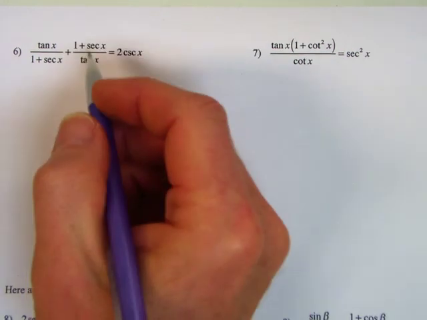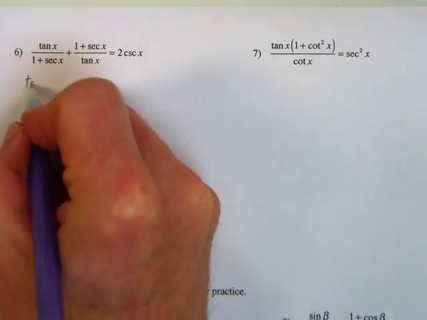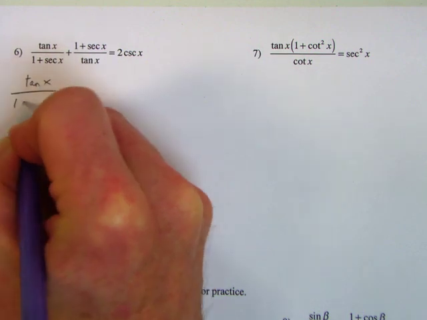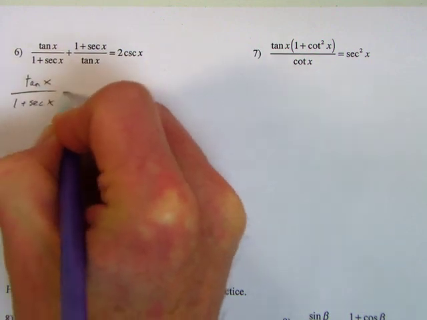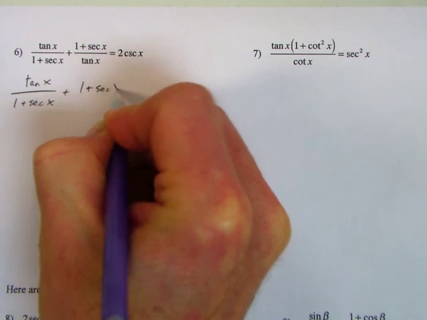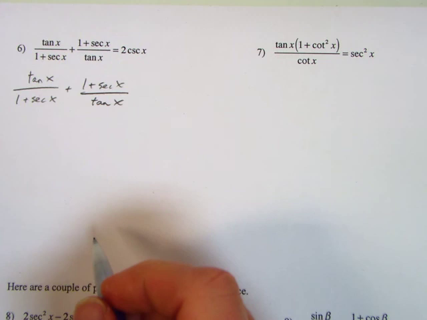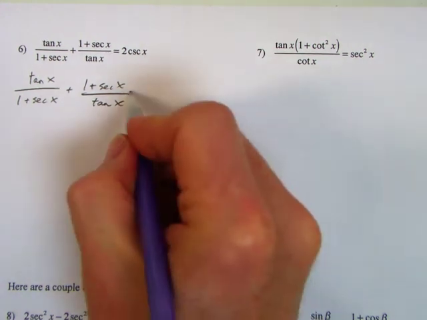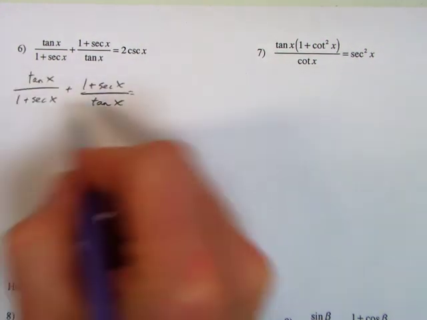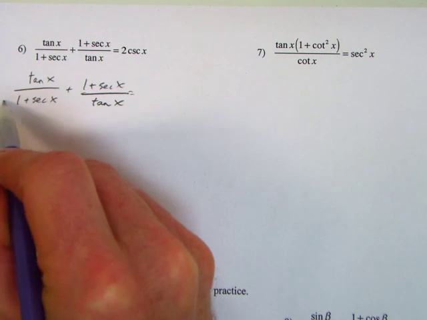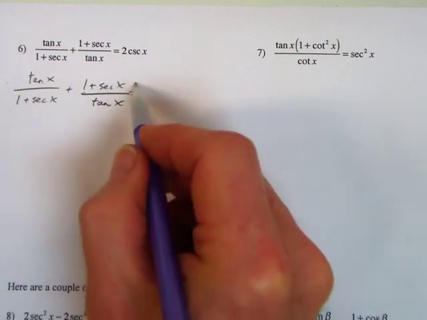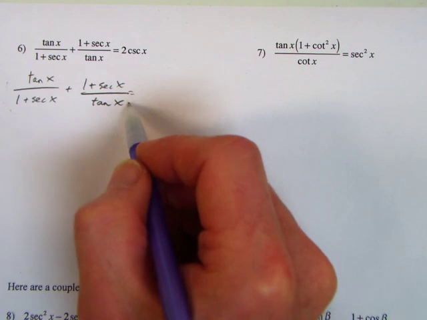All right, so I think we're going to start on the left side once again here. So what can we do here? Again, look at that. We have two fractions. Let's add them together. What are we going to multiply the first one by? We'd have to multiply by tan over tan, and the second one, 1 plus secant over 1 plus secant.